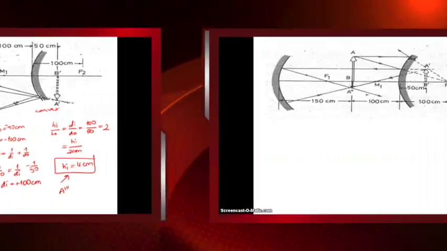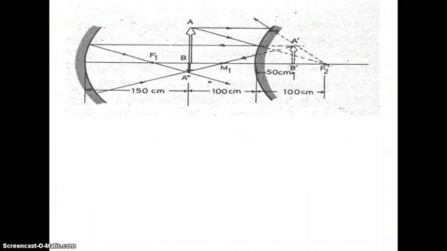Now for case B, the light rays first come to the convex mirror and then to the concave mirror. So the object is again 150 centimeters away from the concave mirror. So it is 100 centimeters away from the convex mirror. So distance object is 100 centimeters for image A prime.